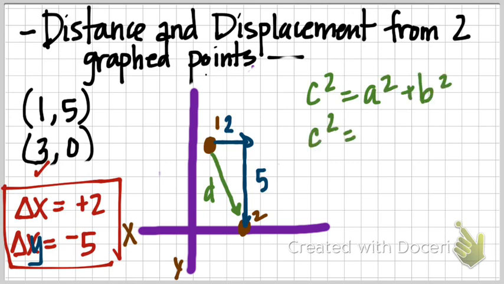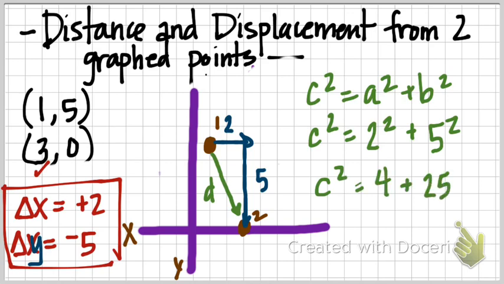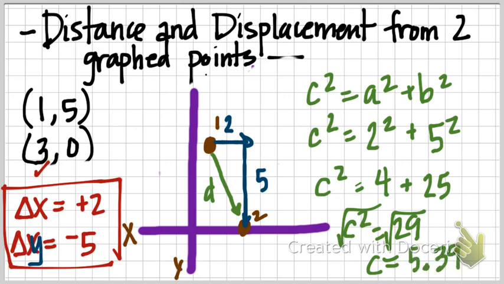So c squared equals a, which I'll make 2, so that'll be 2 squared plus 5 squared. So it'll be 4 plus 25. C squared equals 29, and I want to take the square root of 29. And I find that my c equals 5.39. So that displacement is 5.39.